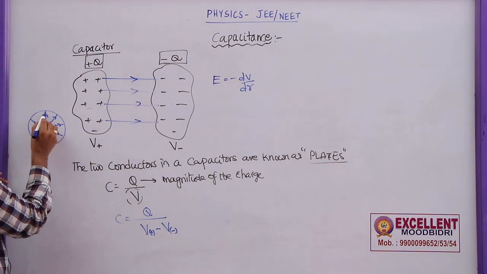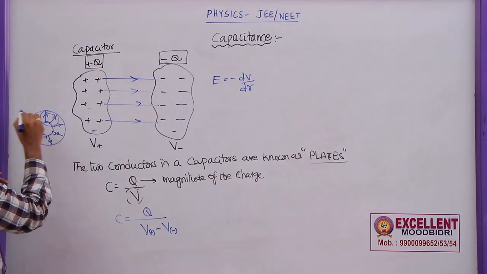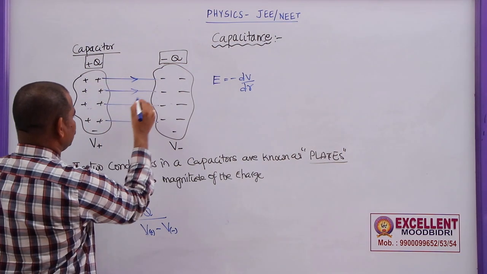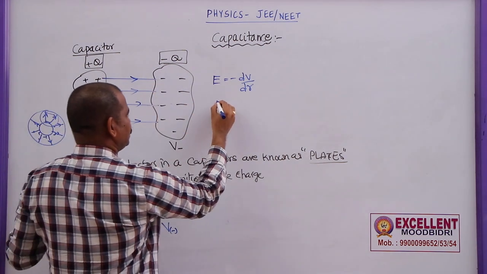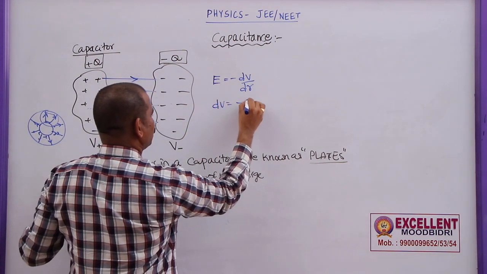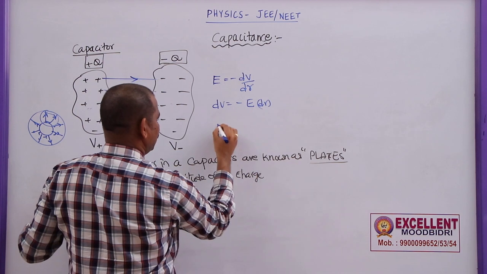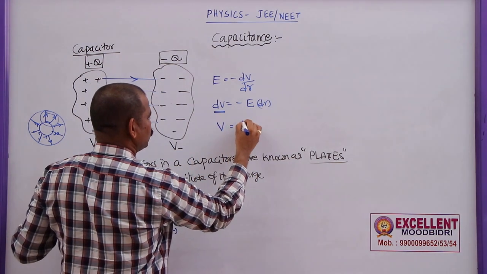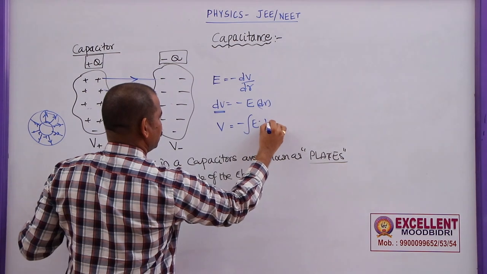Here the distance is less, here the distance is more. So this is not a uniform electric field. If it is a uniform electric field, you can use this one. Otherwise, you can write dV is equal to minus E dr. So this is the potential difference, which is given by minus E dr.